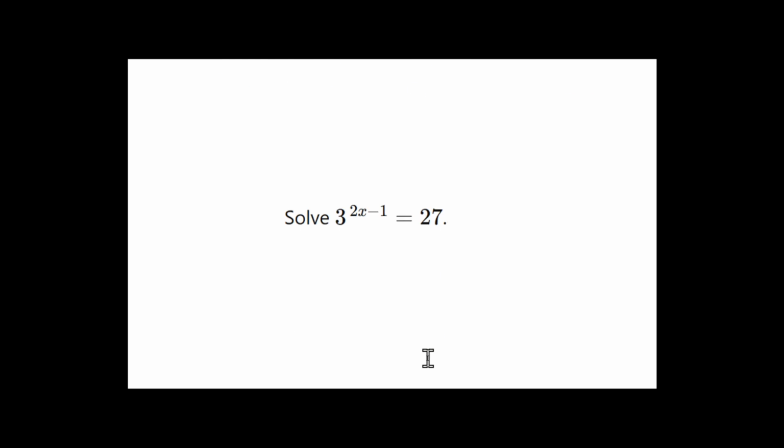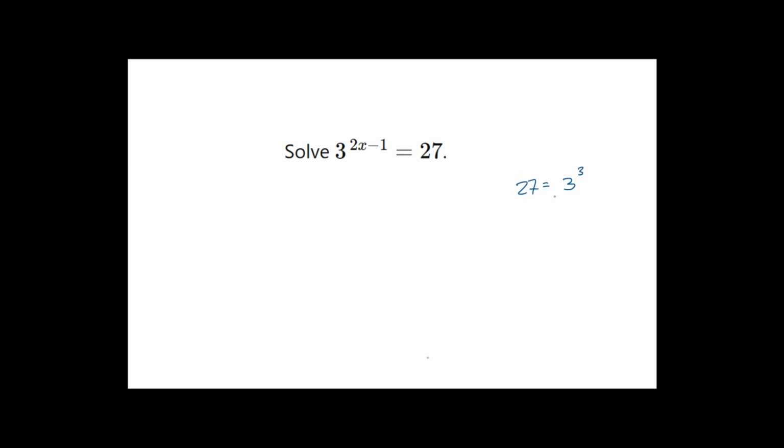All right, next one. Let's have a look. For this one here, I think we can do it two ways. 27 is going to be 3 to the power of 3, since 3 squared is 9.